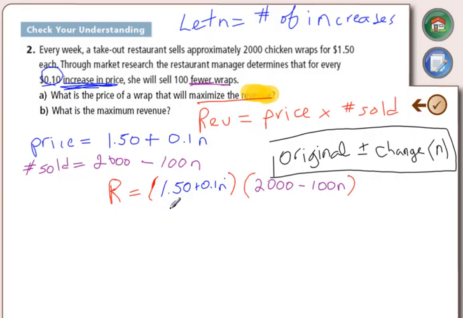So the first x-intercept on the blue is going to be n is equal to, well, let's actually write it all out. 1.50 plus 0.1n equals 0. That means 0.1n equals negative 1.50, divided by 0.1. n is equal to negative 15.